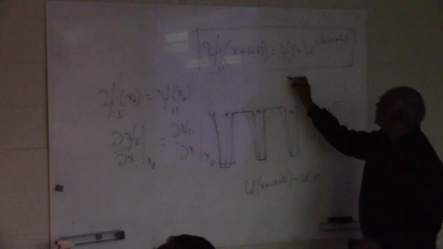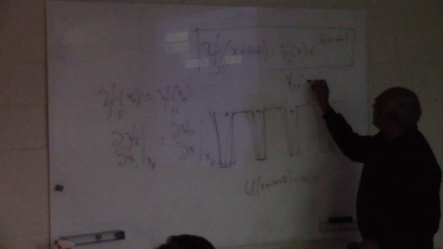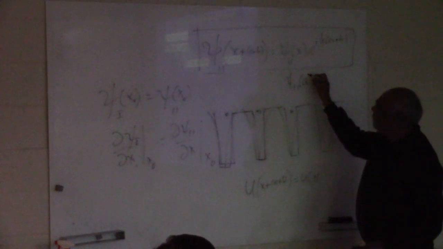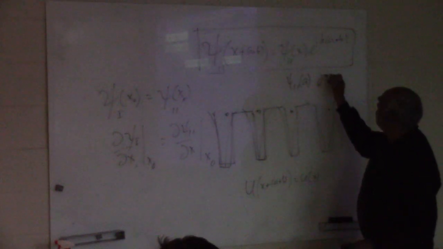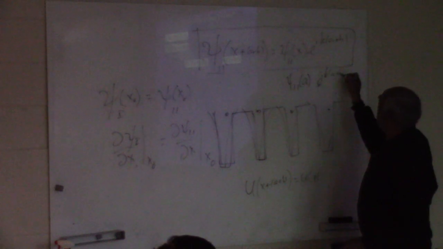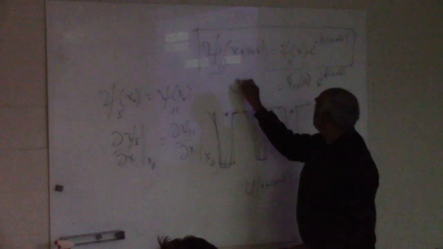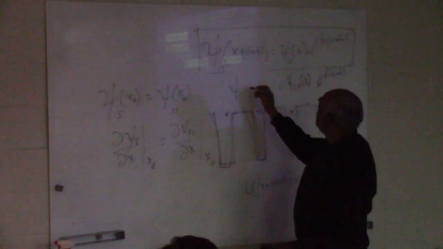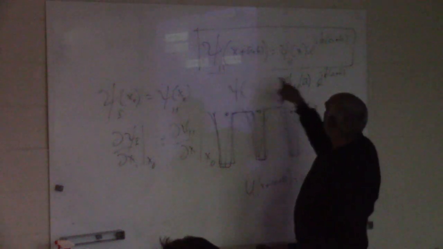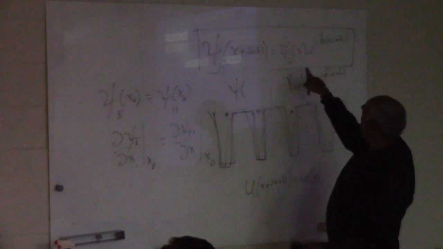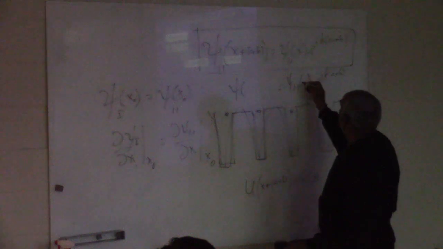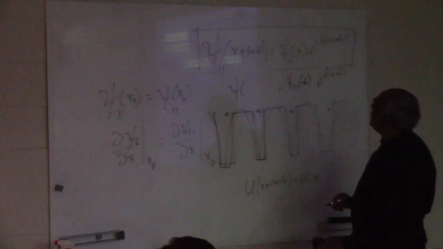If I want psi 2 at x equals a, that's what we want, right? If I want it at x equals a, what do I get here? Psi at x equals a means your x becomes minus b. If I take x equals minus b, what do I get?